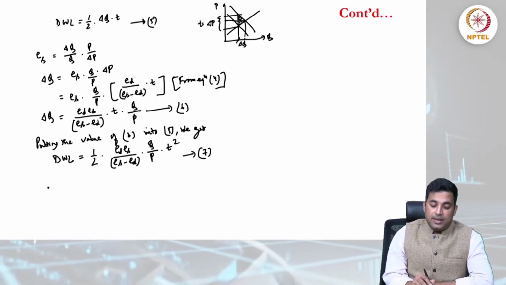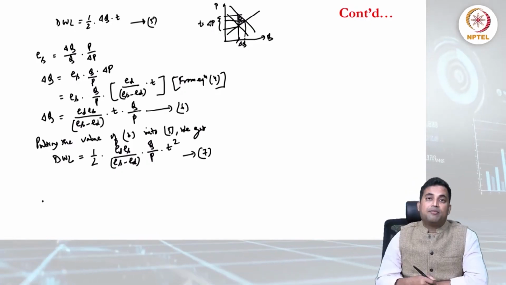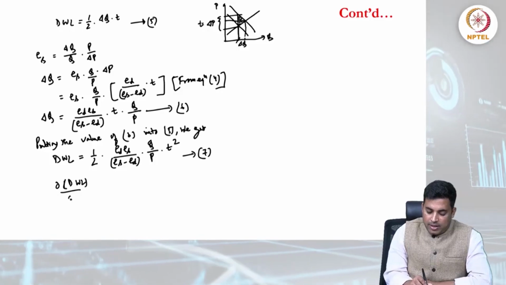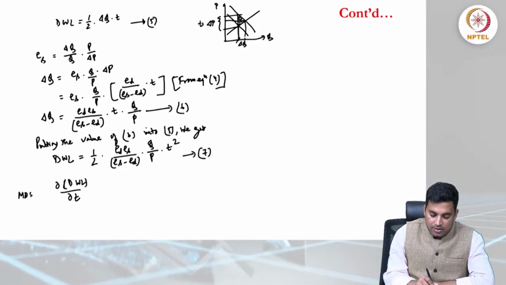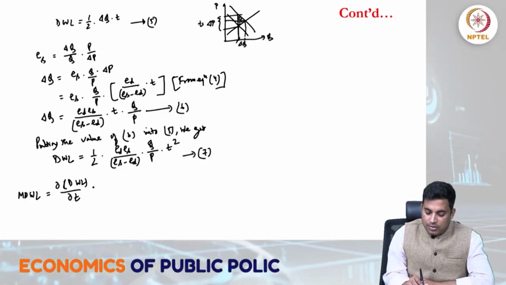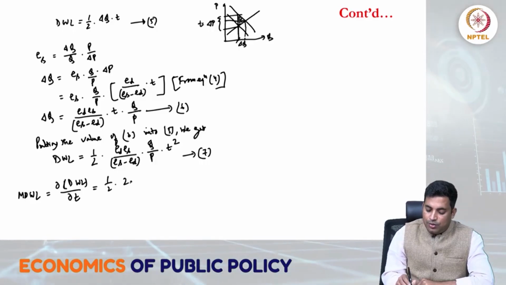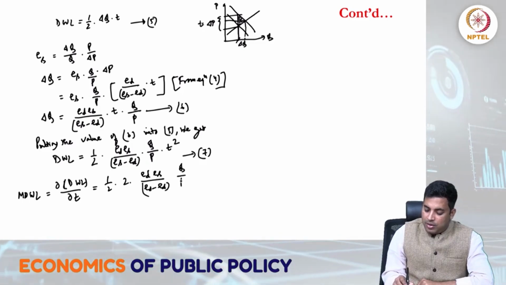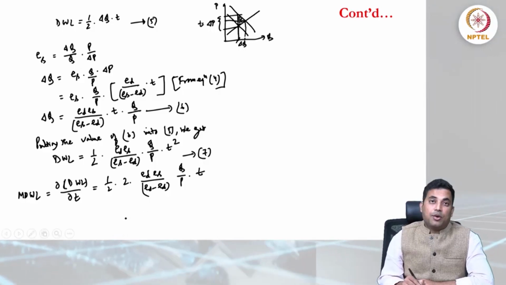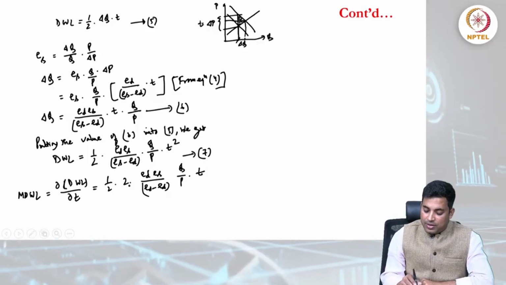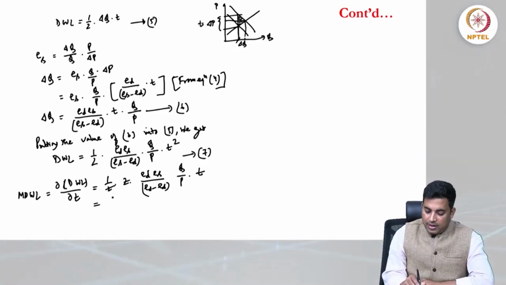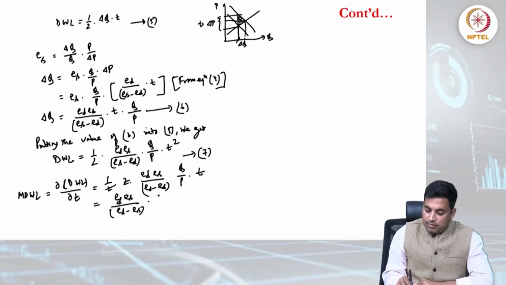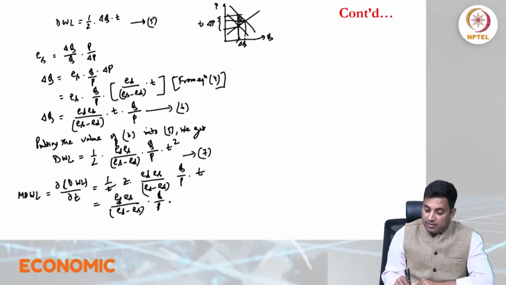Now if we calculate the marginal deadweight loss with respect to tax, then we get delta DWL by delta T, and we can write the marginal deadweight loss equals 1 by 2, then 2 E_D E_S by E_S minus E_D, then Q by P, and then T, because this is the first order condition, the first order derivative with respect to T. So finally we get E_D E_S divided by E_D minus E_S, multiplied by Q by P, the quantity and price ratio, and then tax.